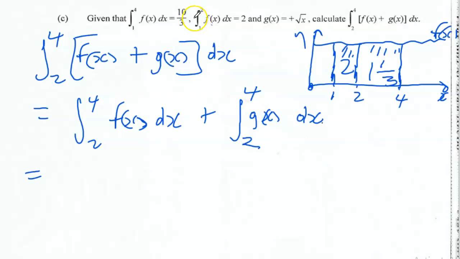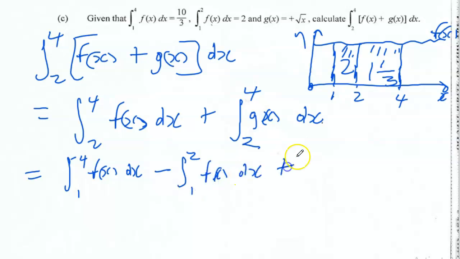Or we could say the integral between 4 and 1 of f(x) dx, which is 10 over 3, minus the integral, one of the additive properties of integration, plus, by the way, this second one, g, we know g is the square root of x.